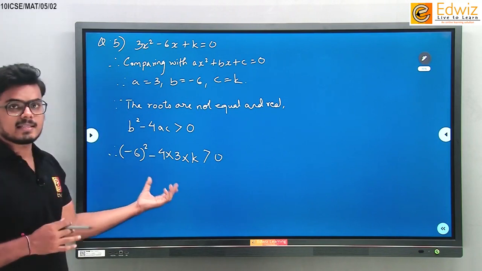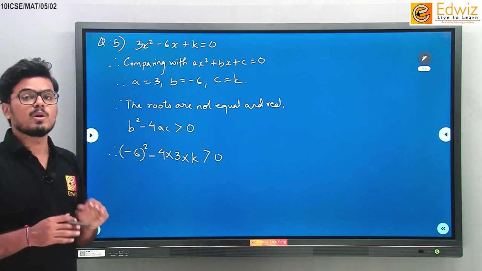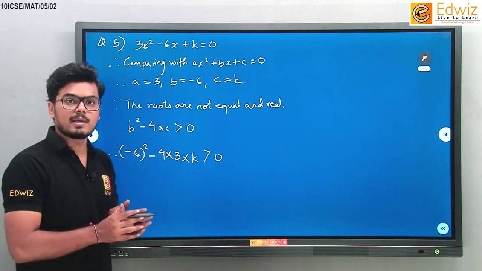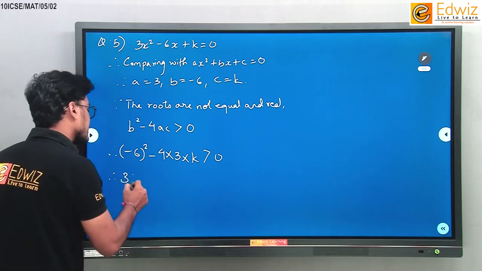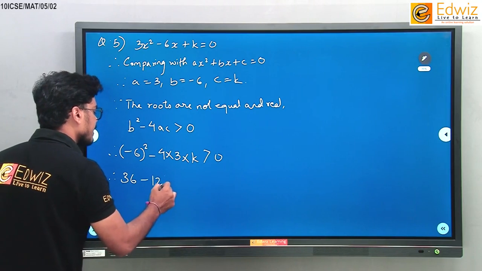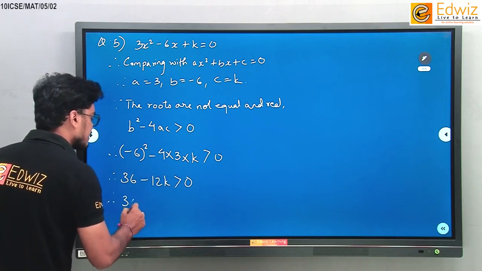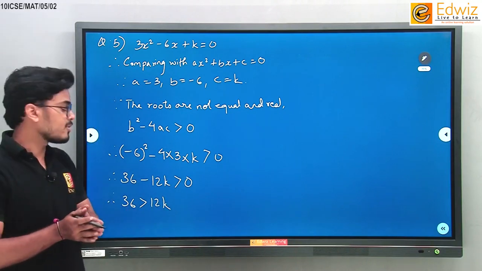So from this you can say that we are not going to get the exact value of k. You will have to use the inequality. This is an inequation. You will get the range of values of k. So this is 36 minus 12k greater than 0. Therefore 36 is greater than 12k. Correct? I hope you know the rules of inequalities.